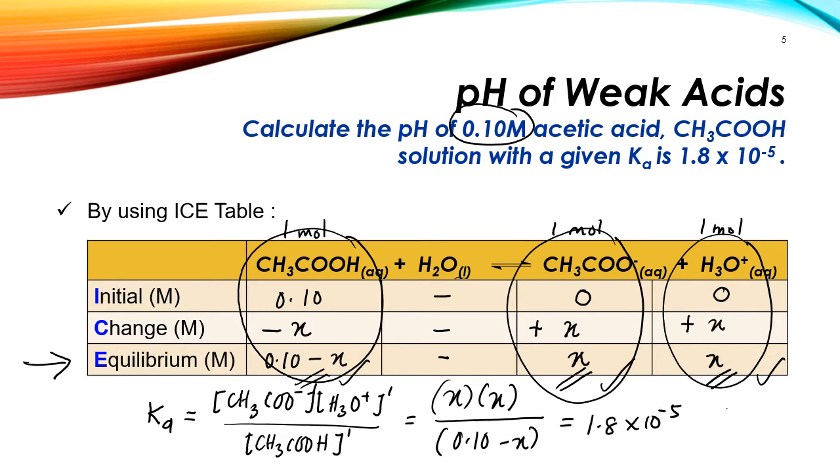So this is what we call the acid dissociation constant expression. Now, how to determine the value of X?